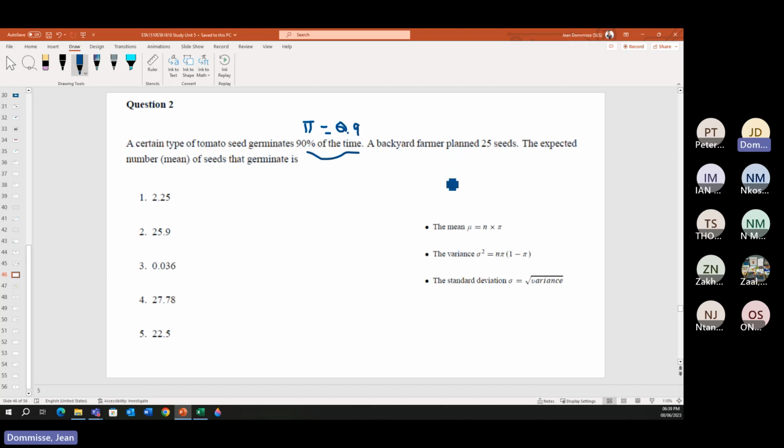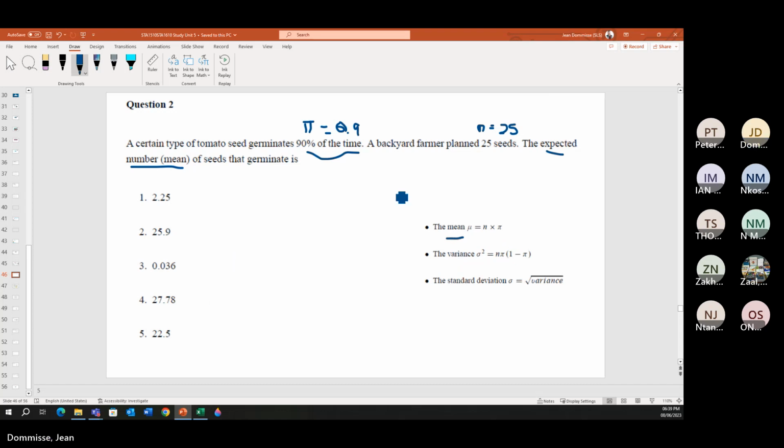A backyard farmer plants 25 seeds, so you have your n is equal to 25, and then the expected number of seeds that germinate is. Okay, so they're asking us to work out the expected number. The expected number is the mean.